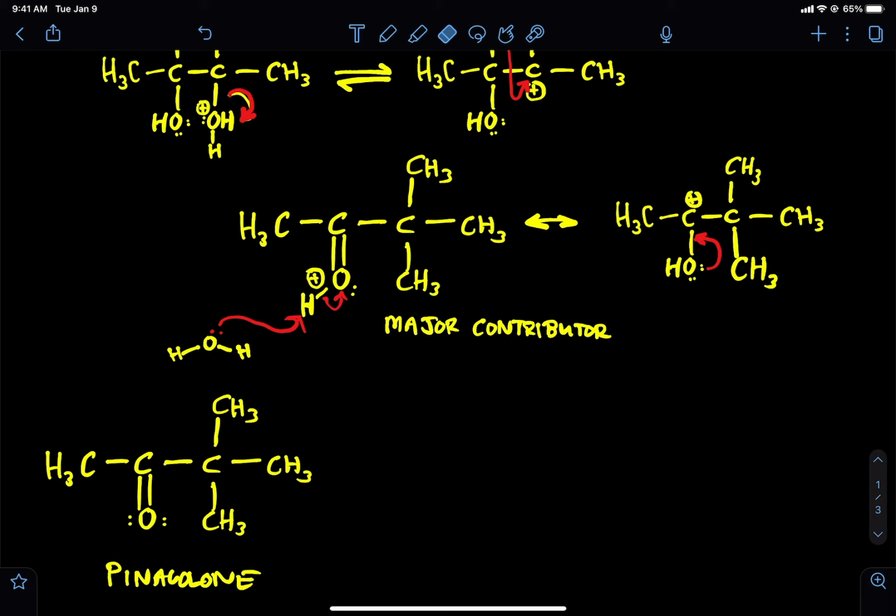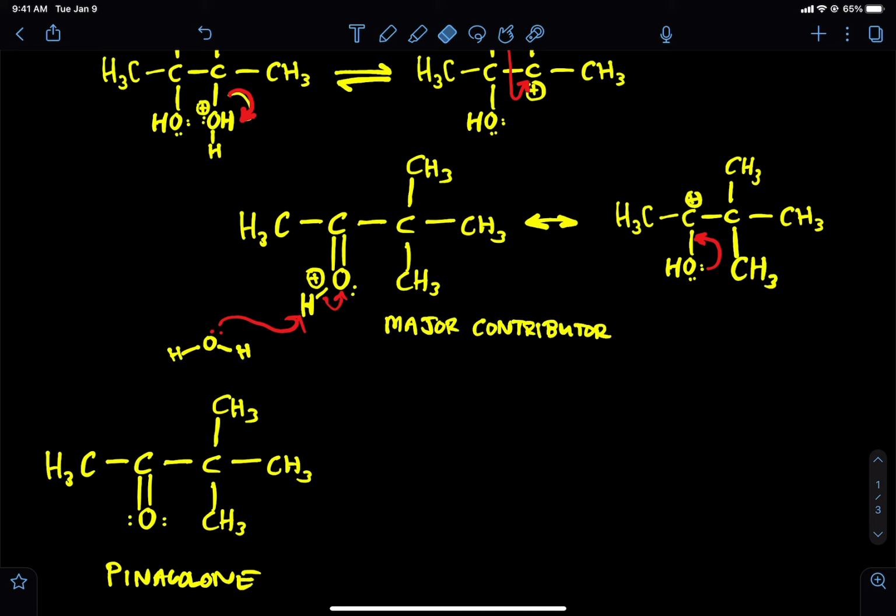And we can think about this as being a synthetic transformation. It's not strictly a mechanism just for curiosity's sake. We can say, oh, isn't that fun? Look what pinacol does. It's much more than that.